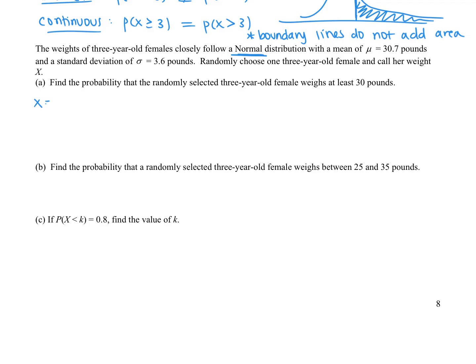So X is the weight of the 3-year-old. I don't so much care about that. What I do care about is you have to tell me that X is normal with a mean of 30.7 and a standard deviation of 3.6. You have to do that. On the AP test, you are not going to get credit if you do not repeat that, even though it's stated in the question. Besides doing that, what is the other thing you had to do for every normal distribution?